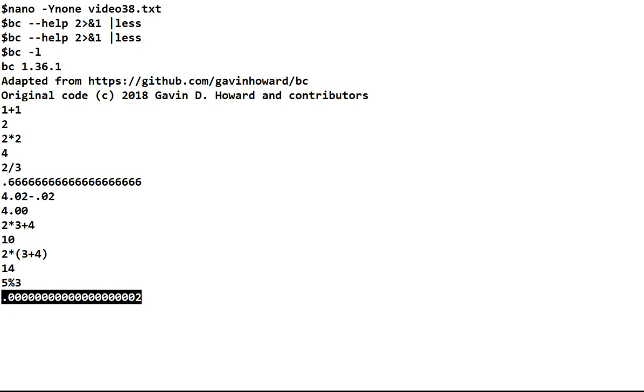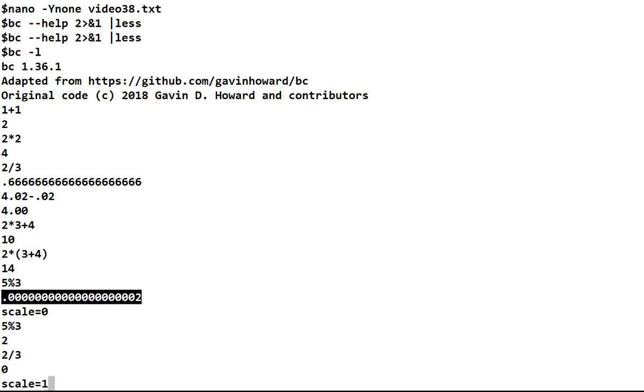The problem is your scale. If you want to get an integer remainder, you have to set your scale to 0. And then if we do 5 mod 3, we'll get 2. But then when you do 2/3, you get 0. So you'd have to reset your scale to something reasonable.